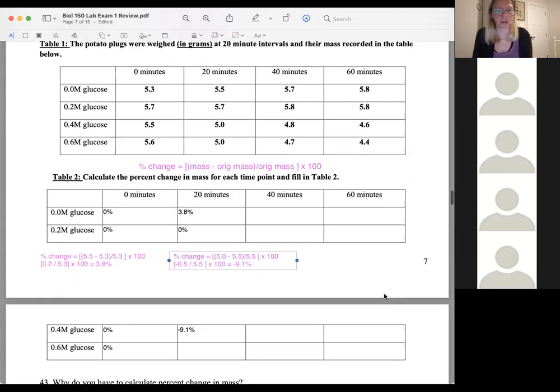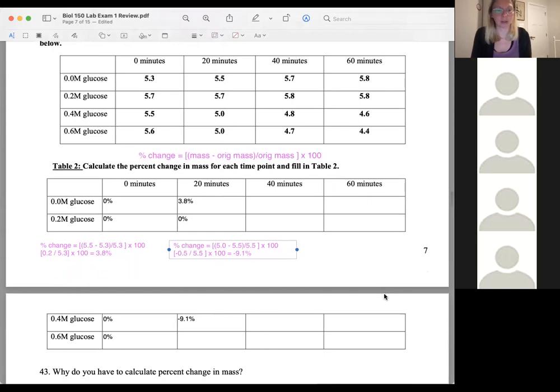Okay, great. So it seems like we're pretty clear on how to use that. If you'd like one more example, we can do this last one here. So the 0.6 molar glucose percent change. So here we are, the mass at this time point is 5.0, the original mass is 5.6.